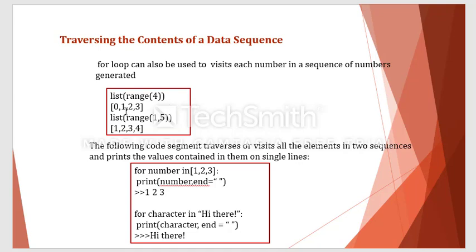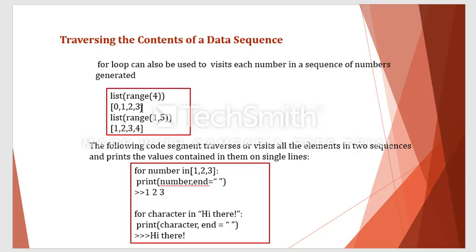So with these sequences of values also we can use the range function. Suppose list of range of 4, what will be printed? 0 1 2 3, same as with the for loop. Whether we use the range function with a for loop, or with lists or tuples, it will be one short of the original value.